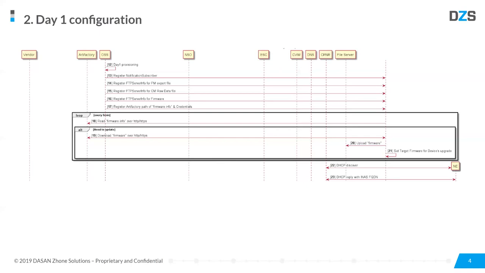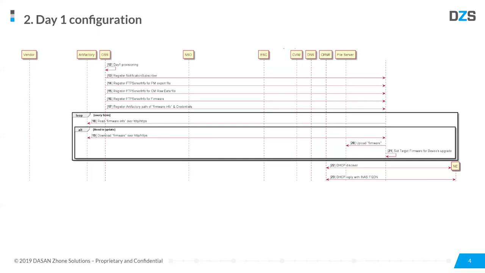So in this case, the OSS also has to let INAS know where the FTP for the firmware to download is. And then the last payload for day one is the Artifactory information.